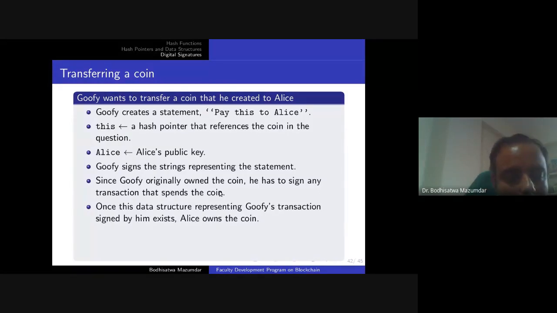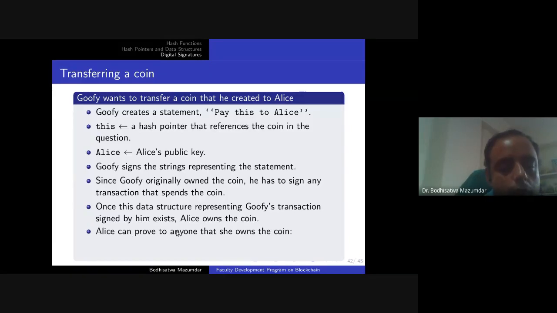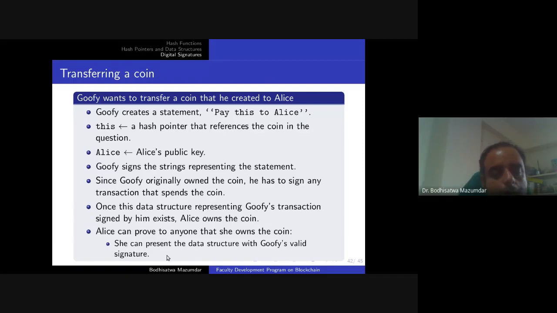Now Alice has that string along with that signature, so she can prove to anyone that she owns the coin. As long as she has the coin, she can present the data structure with Goopy's valid signature and show that this is the coin and this is the valid signature. Nobody else can copy that signature because it is tied to that coin only.